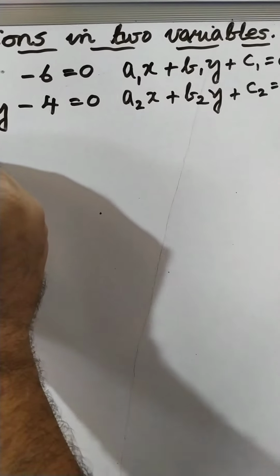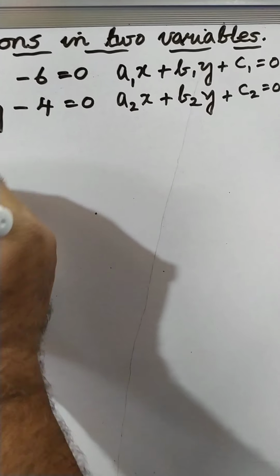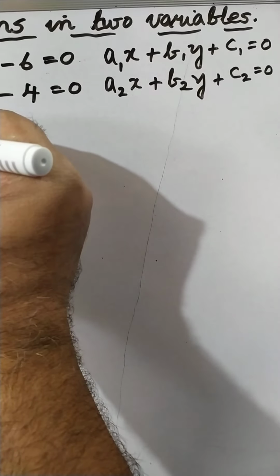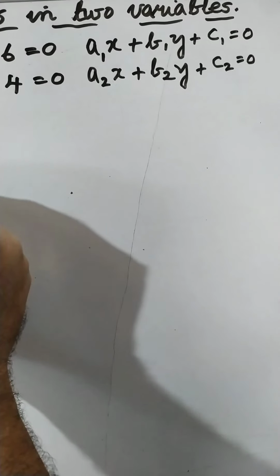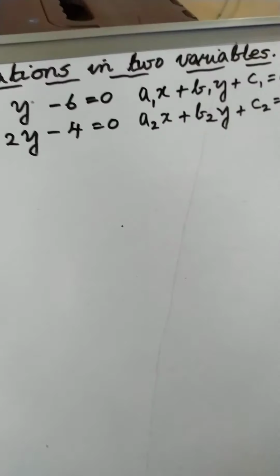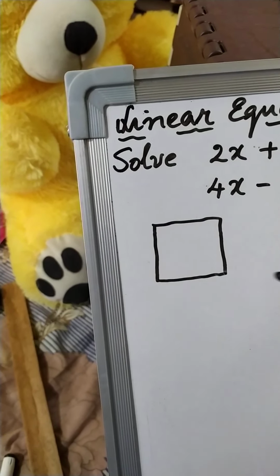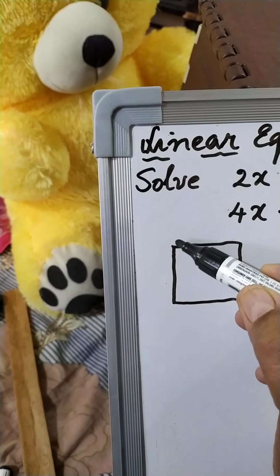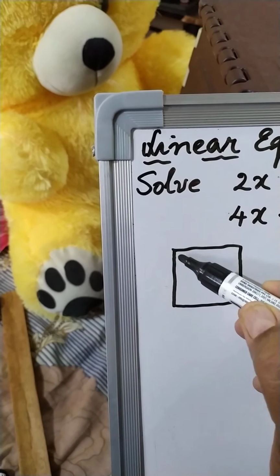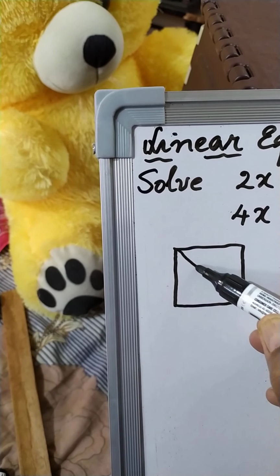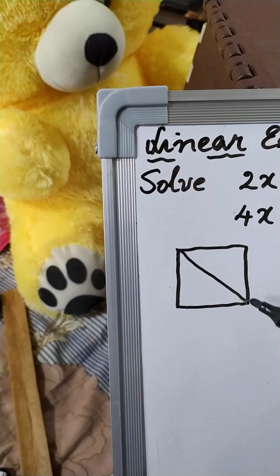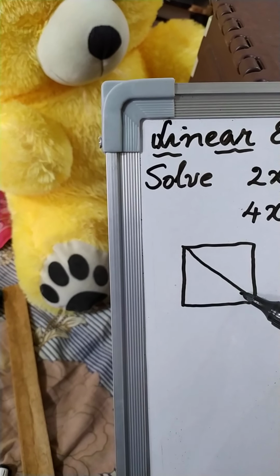If we take a quadrilateral, here I am choosing a square. In a square, if I join the left hand side top and the right hand side bottom, I get a diagonal.